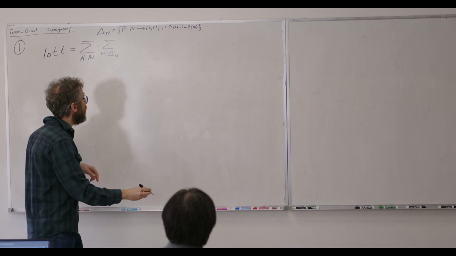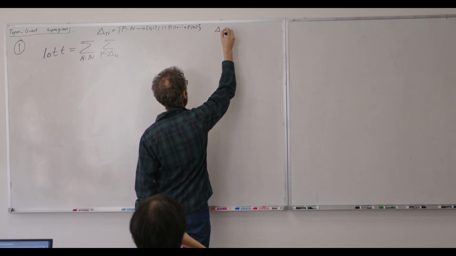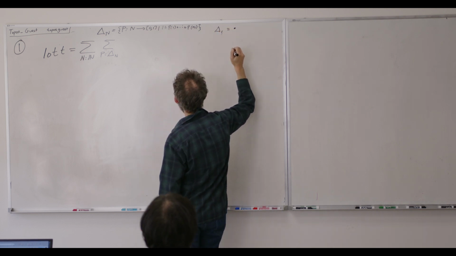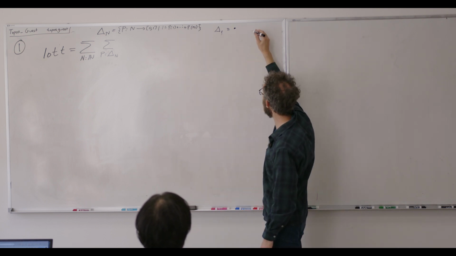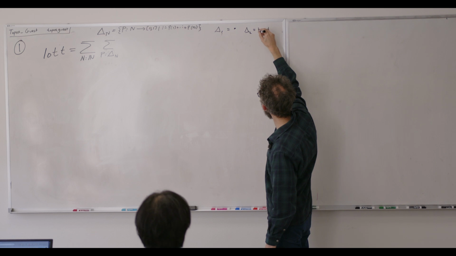You can draw delta 0, delta 1 as a dot, because the only one that would work is if p of 1 was 1. And delta 2 is like a whole line segment.